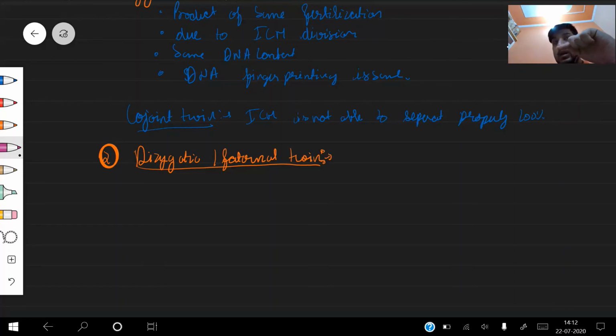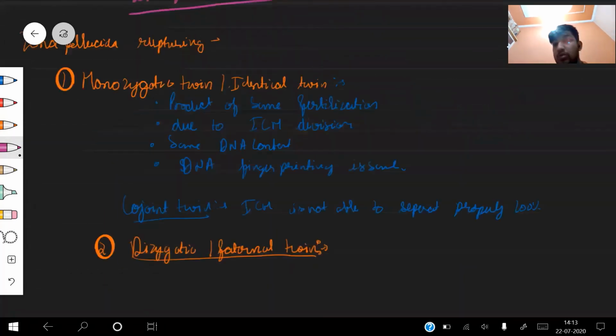At the time of fertilization, the sperm fertilize both ova, and this leads to the formation of two zygotes at one time, which leads to the dizygotic twin.